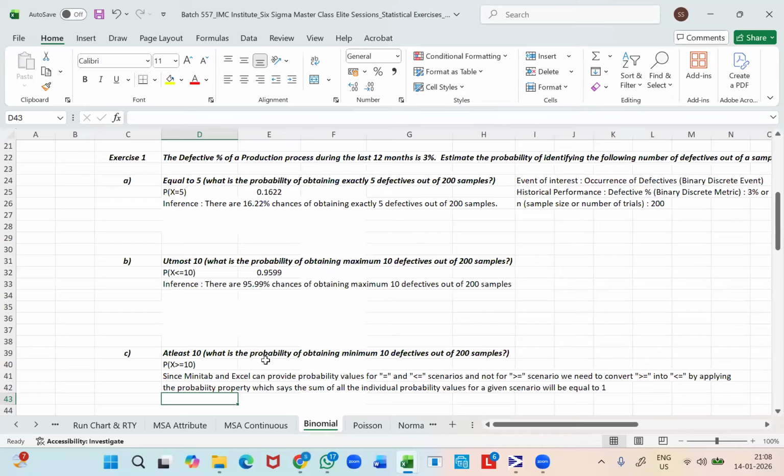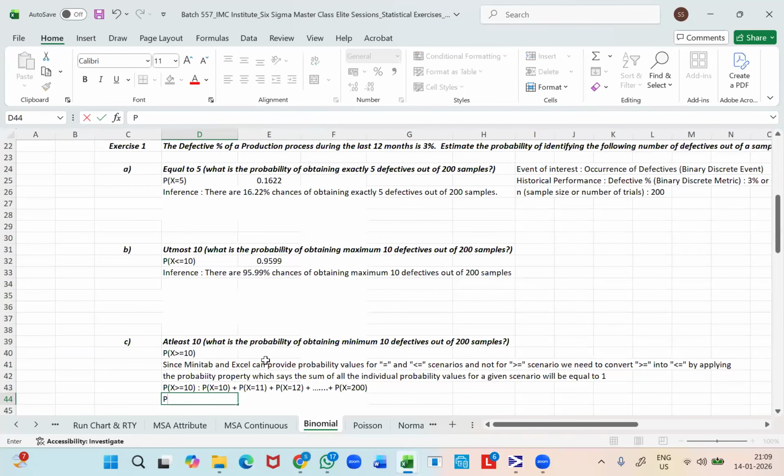So what I'm going to do, I'm going to split this into two components. So P of x greater than or equal to 10, let me expand this, so that will give you a better understanding. So this will be P of x equal to 10 plus P of x equal to 11 plus P of x equal to 12 up to P of x equal to 200, right?